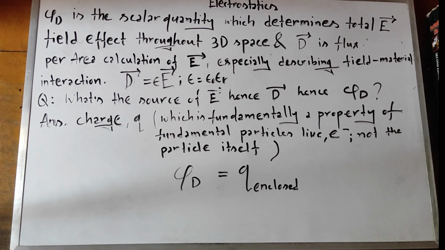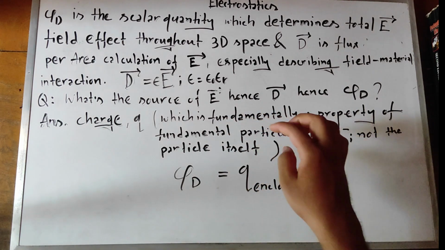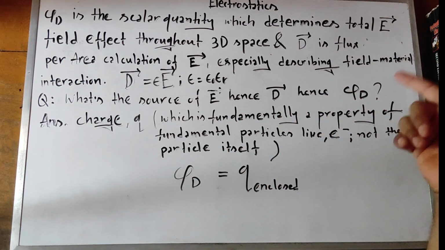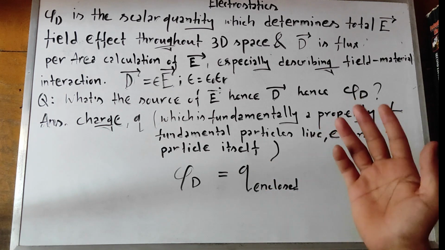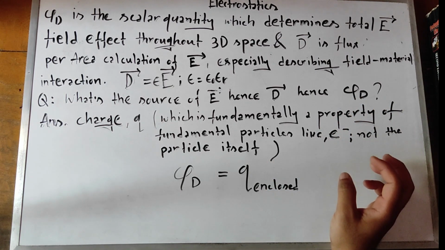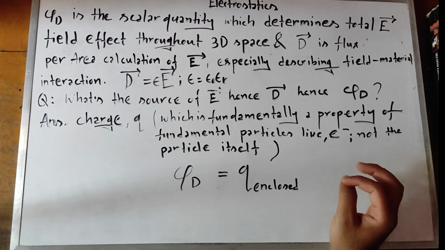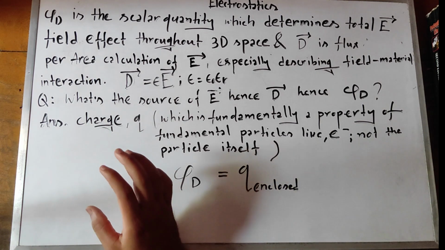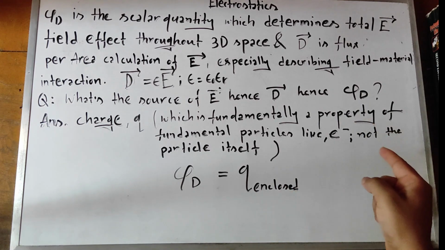It's very fundamental and very deep, so I don't understand myself what it even means to be the fabric of reality. From my engineering mindset and practical applied physics perspective, what is the source of the electric field, hence flux density, hence flux? The source of the electric field is the charge q. You have to distinguish that the charge is not the particle itself.